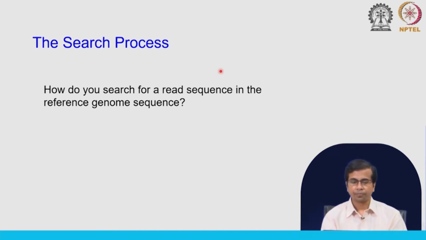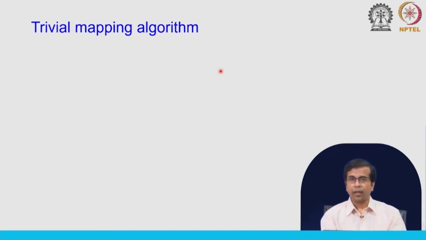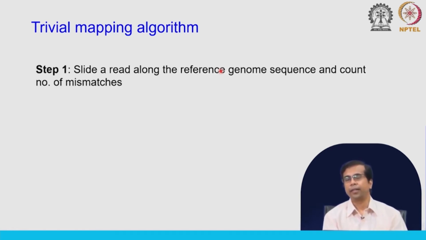So, you can start with something called a brute force approach or a trivial mapping algorithm, right. What this means is that we have the read sequence and the reference sequence, and we can slide that read sequence along the reference genome sequence and see if there are matches.